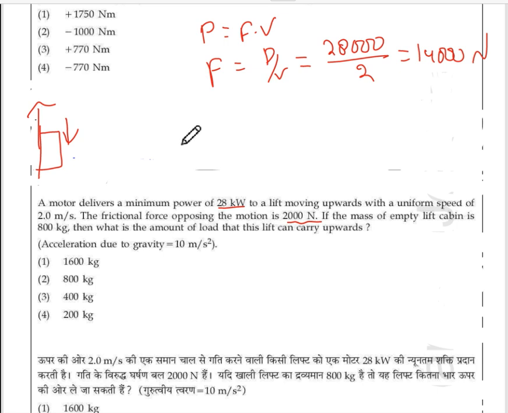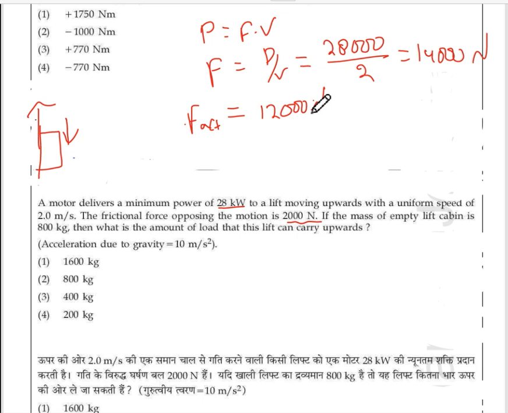Now the actual force, or we can say the net force acting upward, we get by subtracting the frictional force of 2000, so it becomes 12,000 Newton. This is the actual force which is moving up.